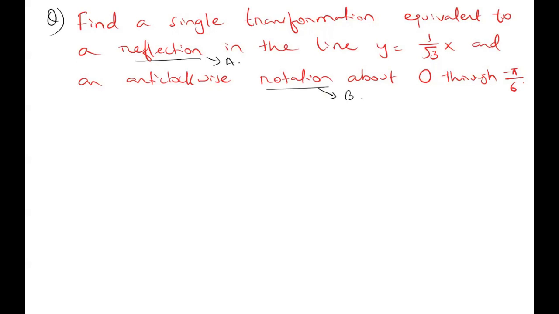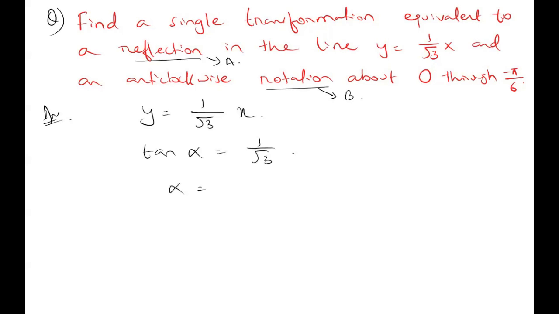For finding out the matrix A, let us use what we have learned so far. My reflection line is 1 upon root 3 times x, so tan alpha equals 1 by root 3.